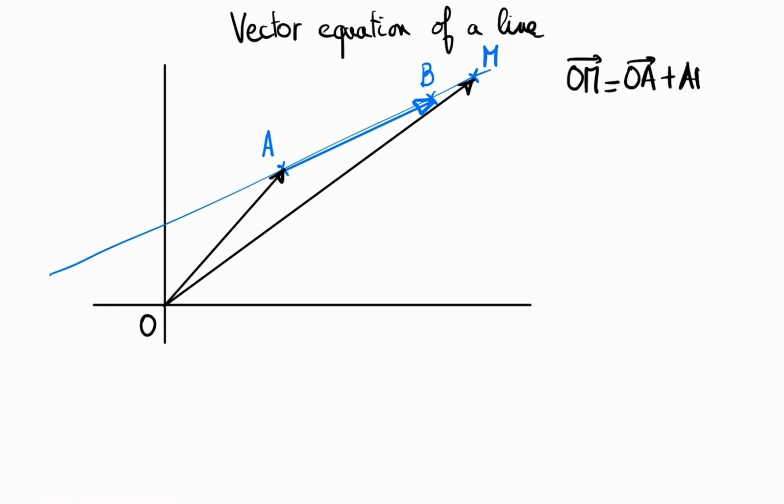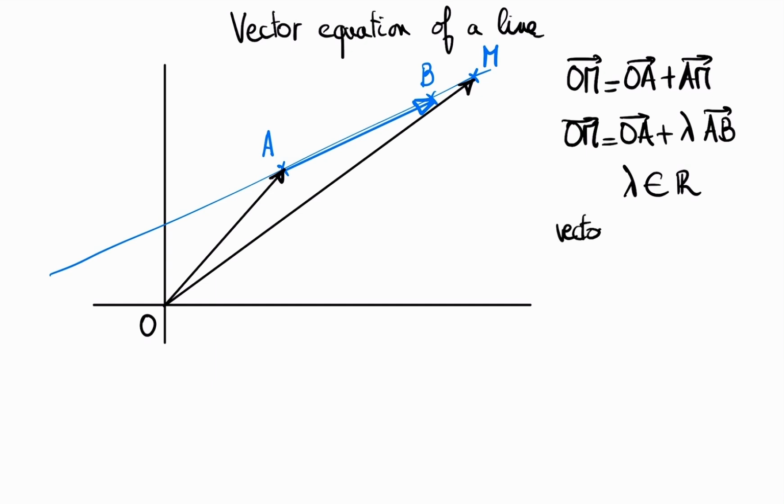So OM is OA plus AM, which is just a multiple of the vector AB, where lambda belongs to R here. This is called the vector equation of a line, of the line.